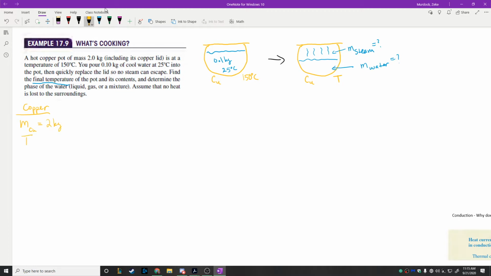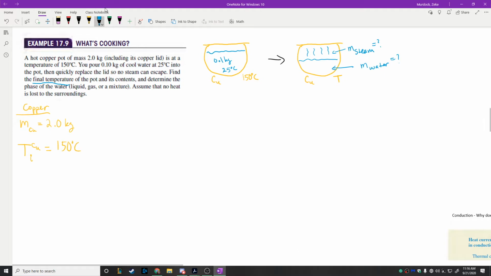The initial temperature for the copper, I hate these subscripts on these problems so much. I'll just draw it a lot bigger. This is 2.0 kg. And then the initial temperature of the copper, that's a little easier to read, is 150.